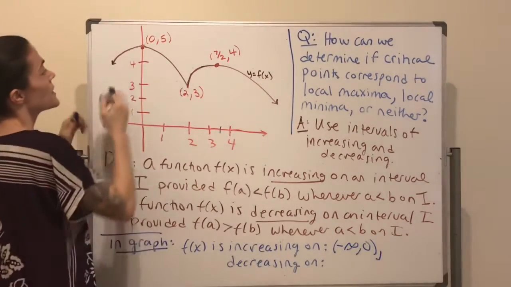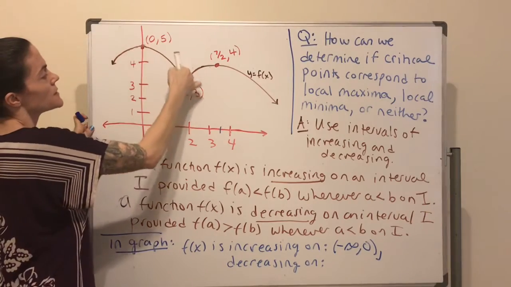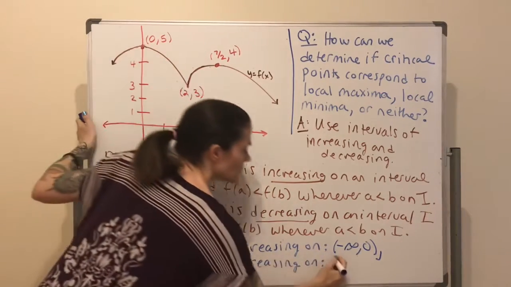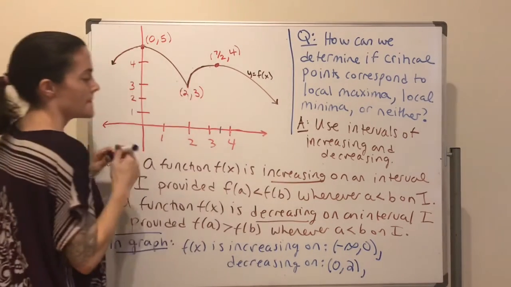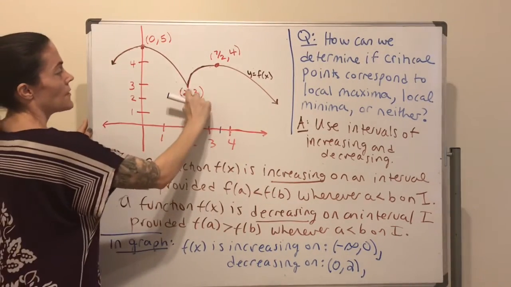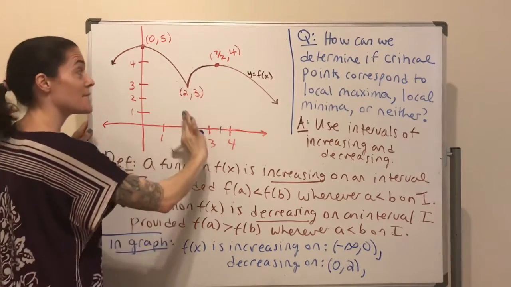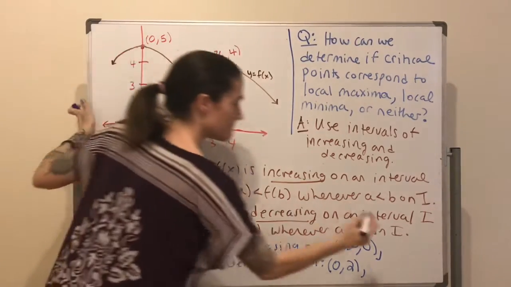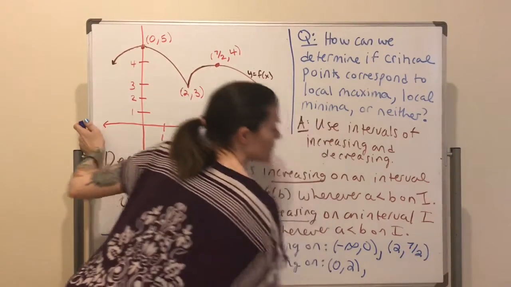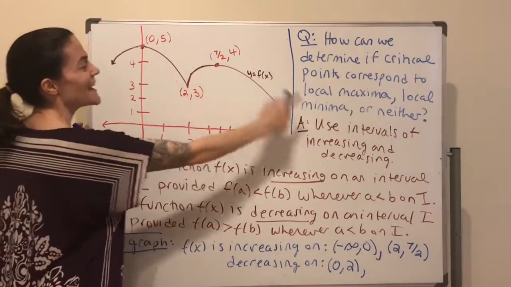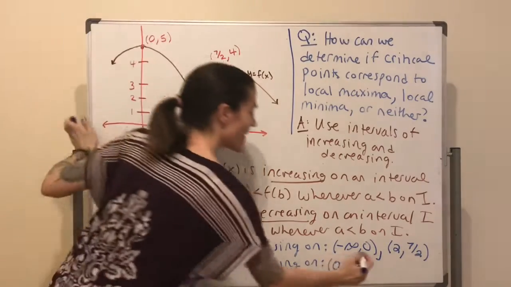Then starting at 0, we decrease to 2. And then from 2 to 7/2, increasing. And then finally 7/2 to infinity, decreasing.